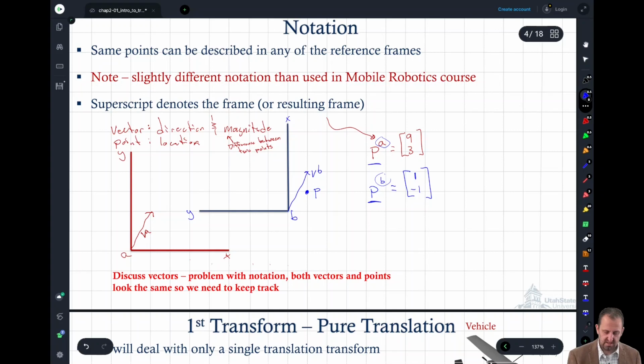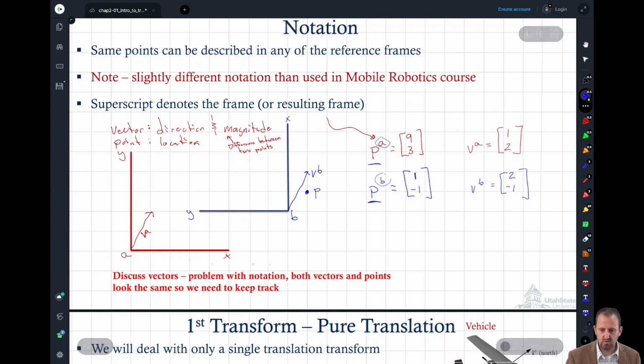So in this case, let's write it out. We'd write that V^A here is over 1 in the x direction and up 2 in the y direction. So not too crazy. V^B is going to be up 2 in the x direction, and it's going to be -1 in the y direction.